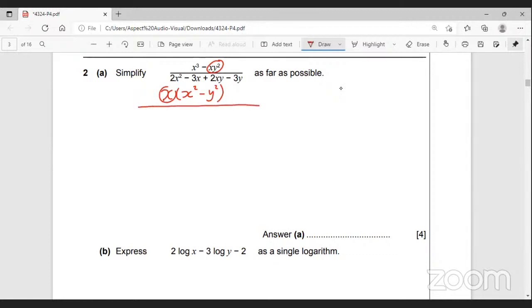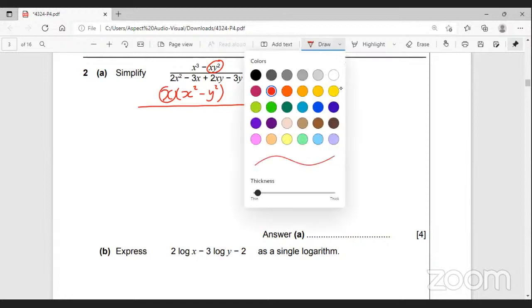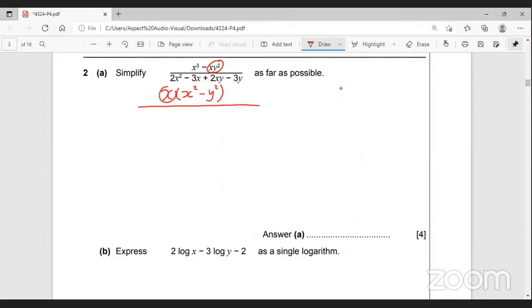Now you are going to factorize the denominator by grouping. So what is common between the first two terms? It's just x. Therefore, you are going to factorize out x, and then you have x minus 3.